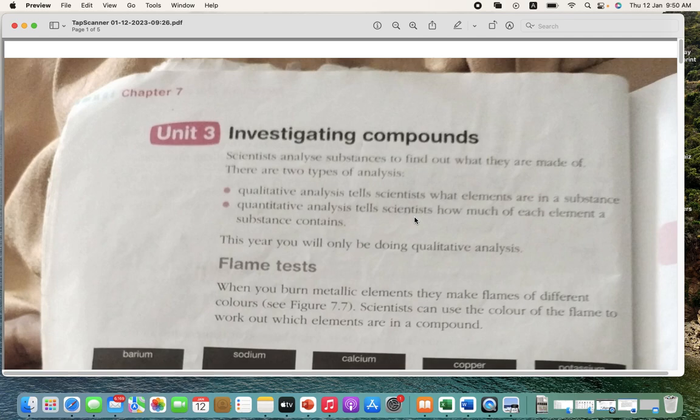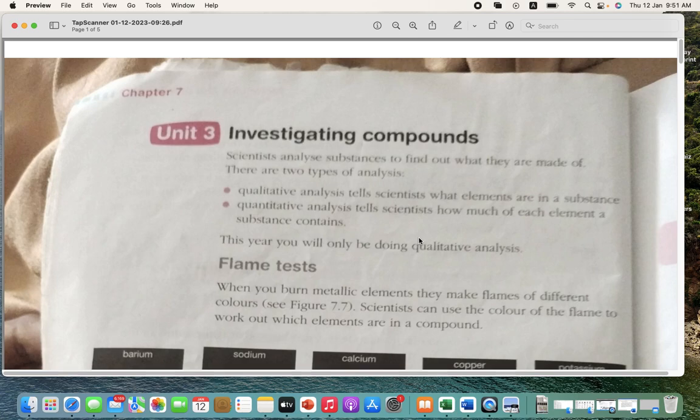Qualitative and quantitative. Now, the qualitative analysis tells the scientist what elements are found in the substance, what type of elements are found in the compound.